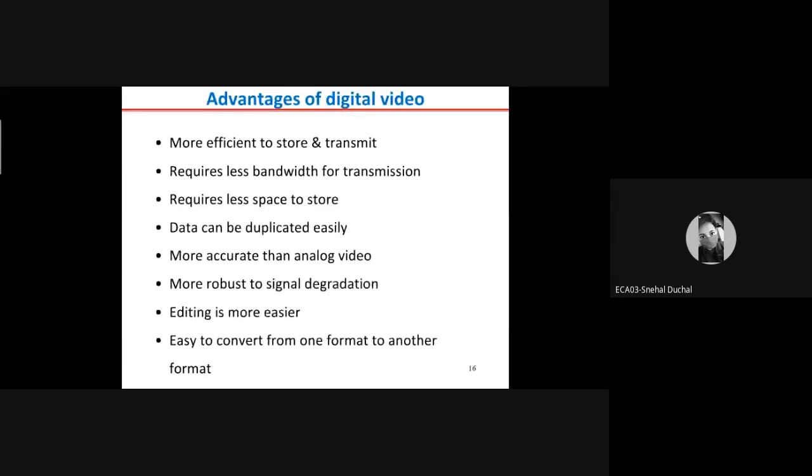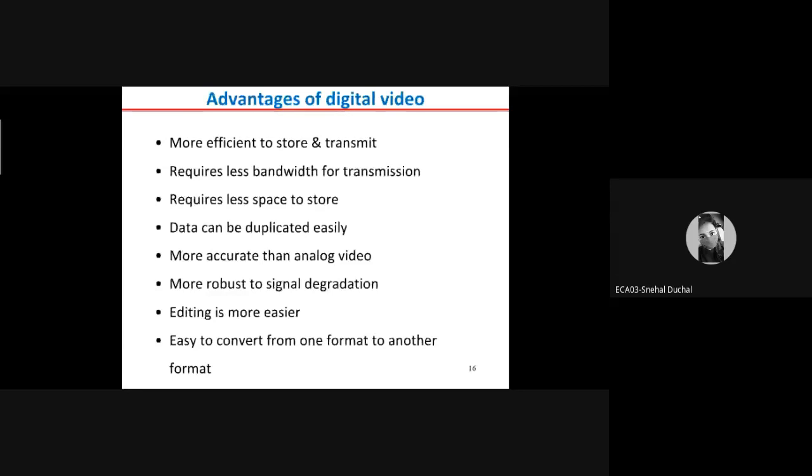As compared to analog video, we use digital videos because we can easily transmit the digital video from one end to another end. Also, in order to store the digital video, we require less memory space. Why does it require less memory space?